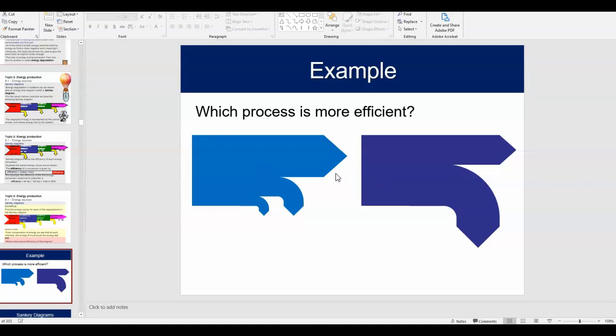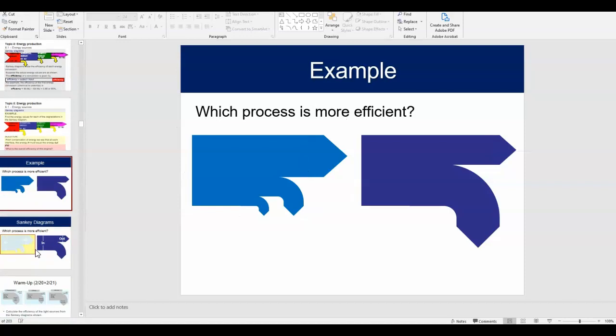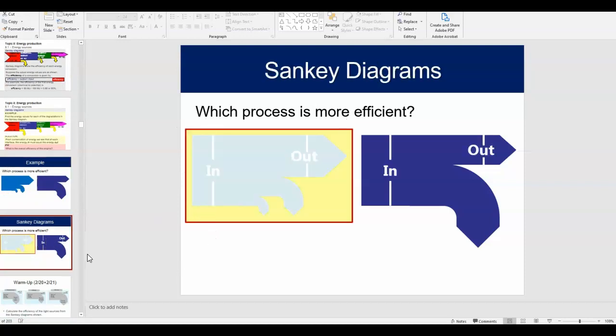The output is shown by the arrow going to the right. And so if you look at the thickness of the output here versus the output here, you can see there's clearly more output over here. Okay, meaning that this is the one that has the higher efficiency. And then those downward arrows indicate energy degradation at different stages. Okay, as you can see here.